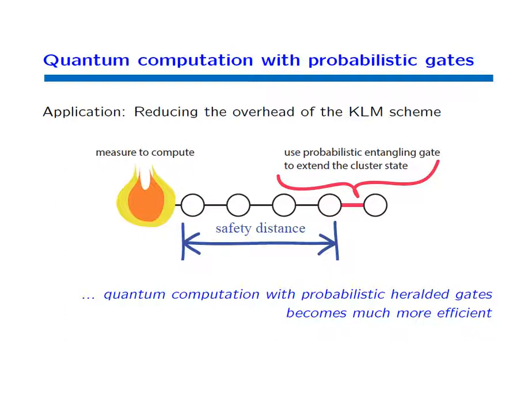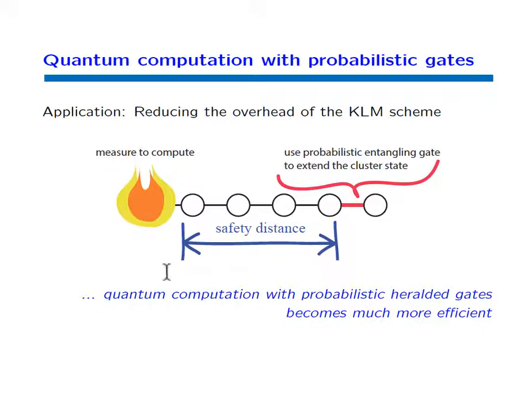This is shown for the case of a one-dimensional cluster state in this picture. Higher dimensions are just straightforward generalizations of the ideas that we present here. So what we see here is a one-dimensional cluster state. On the right-hand side, this cluster state is continuously extended by conditional phase gates.